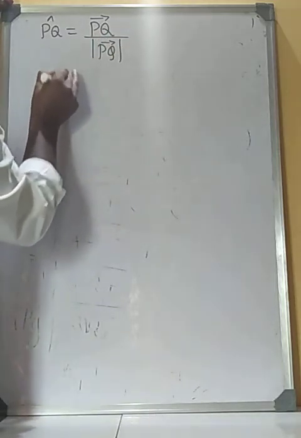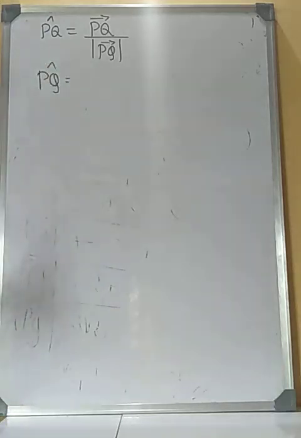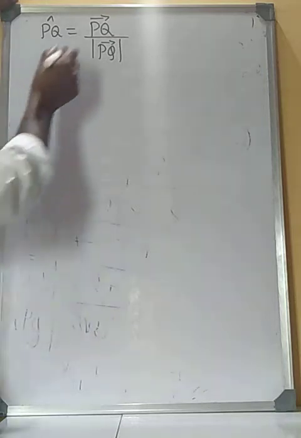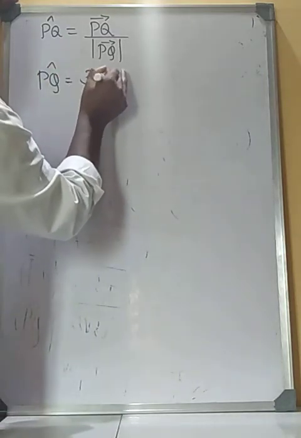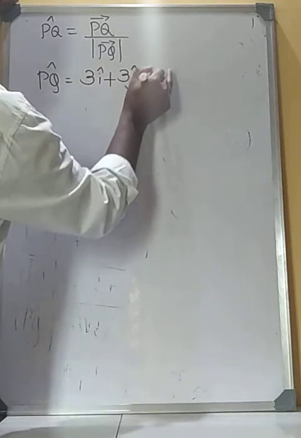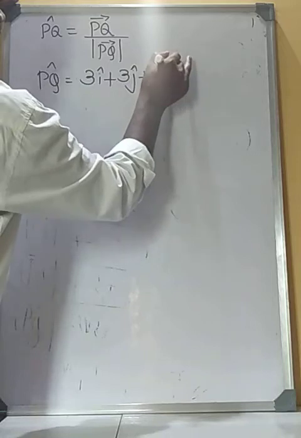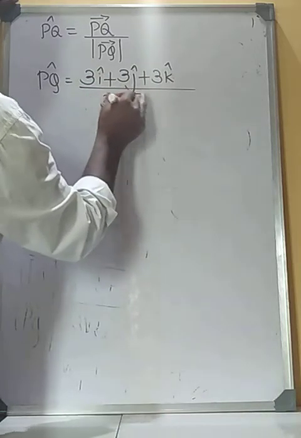Therefore, PQ cap is equal to 3i plus 3j plus 3k divided by 3 root 3.